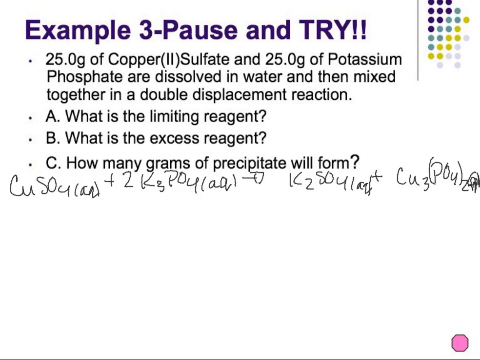What do we have? 3 coppers, so we need 3 coppers, and 3 sulfates, so 3 sulfates. Is it balanced now? 3 coppers, 3 coppers, 3 sulfates, 3 sulfates, 6 potassium, 6 potassium, 2 phosphate, 2 phosphate. Done. Here we go. We're going to do 2 stoichiometry problems.